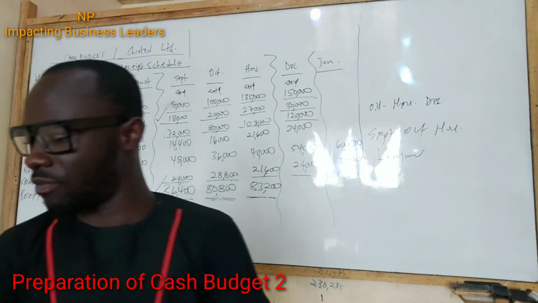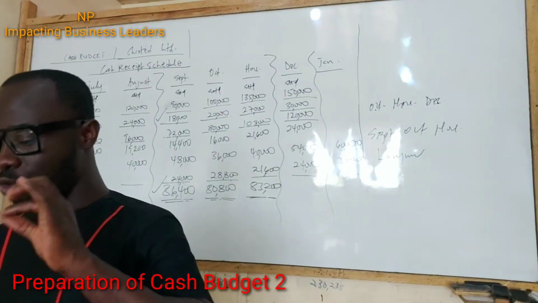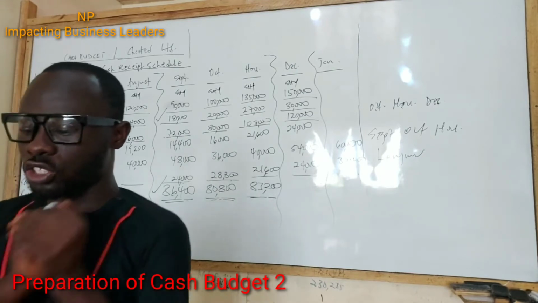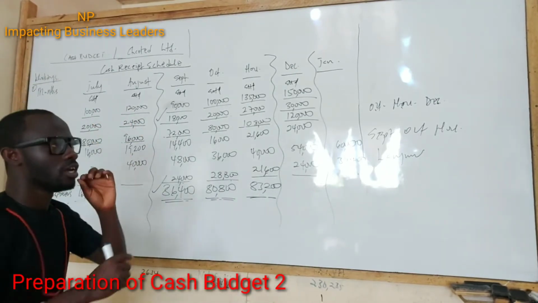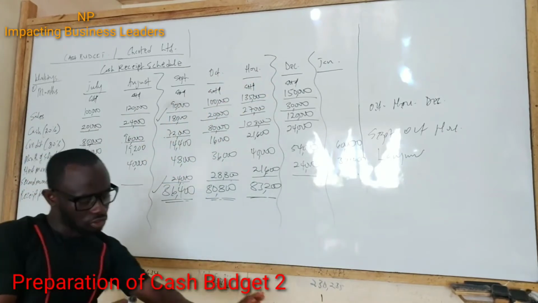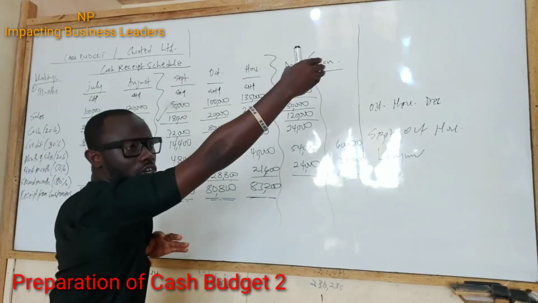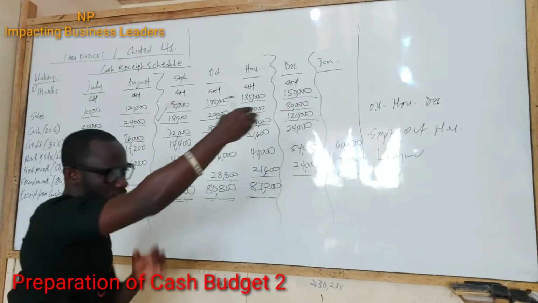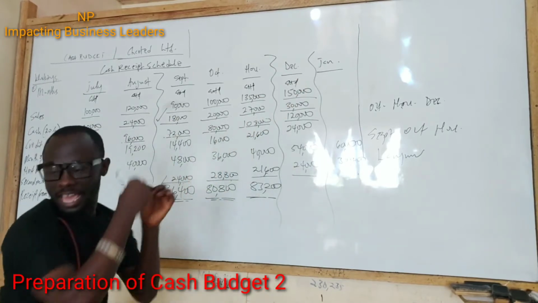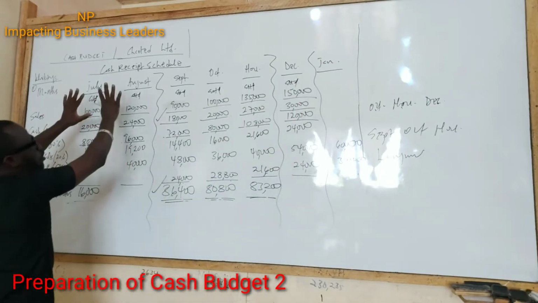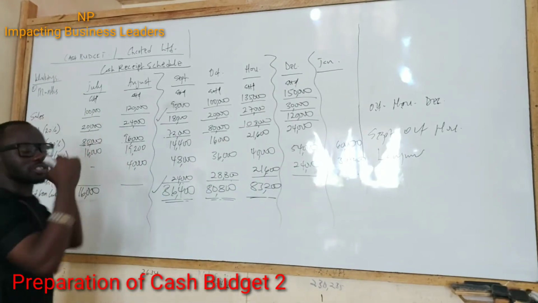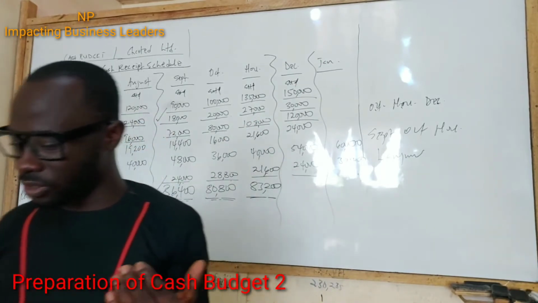It says the closing inventory of finished goods for each month equals 40% of the cost of sales for the next month. It means, one, before you can calculate the closing stock, you must know the cost of sales, because the closing stock is 40% of the cost of sales. So the first thing we do is calculate our cost of sales. But how do we calculate it?